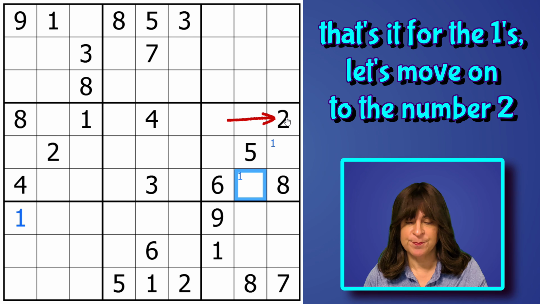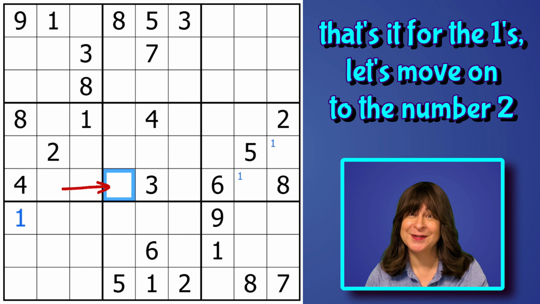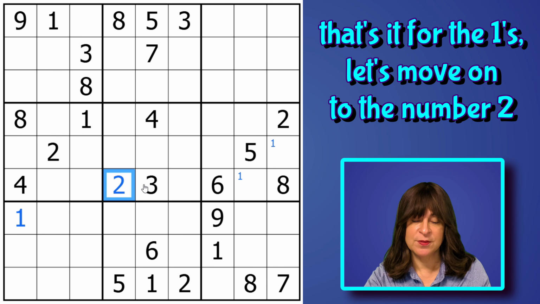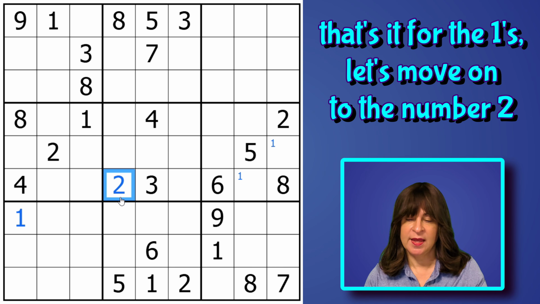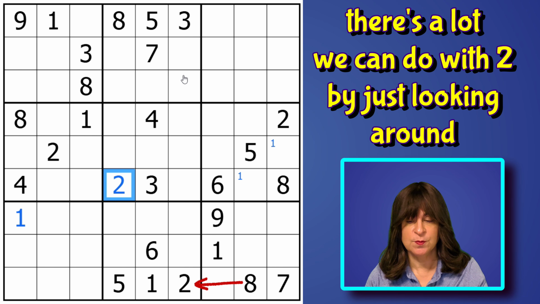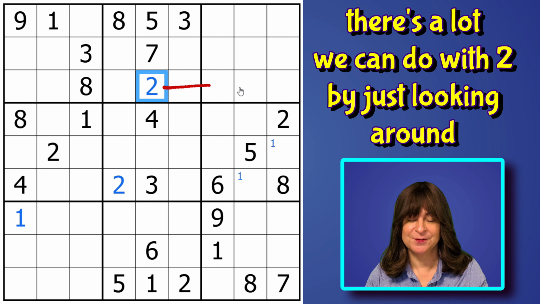There's a 2 here, and a 2 here. Oh, and a 2 here, so I can place a 2 here. Nice. And now that I placed that 2, and because of this 2, I can place a 2 here. And I can pencil in 2s here and here. Remember, I'm sticking with Snyder notation for now.